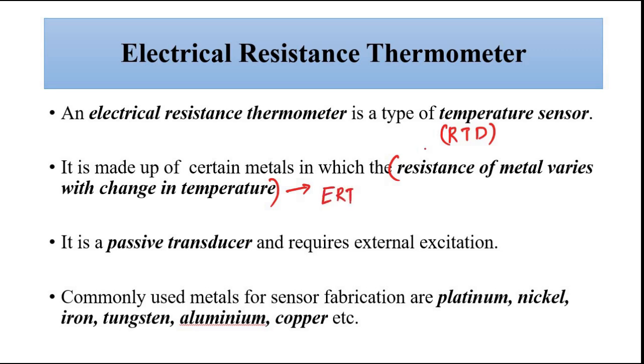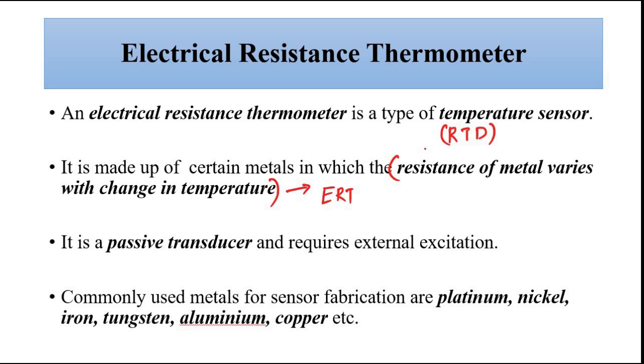It is a passive transducer because it requires an external supply voltage. If you remember, active transducers do not require a separate voltage supply, they generate their own voltage. Passive transducers require an external excitation voltage, supply voltage.